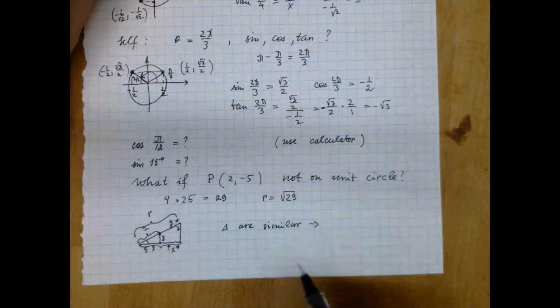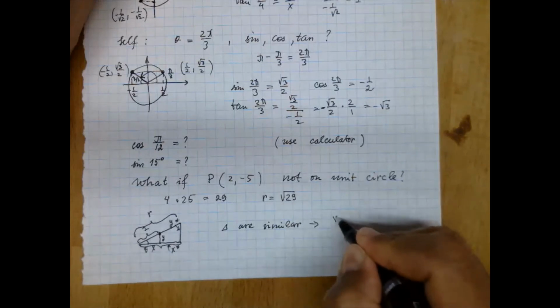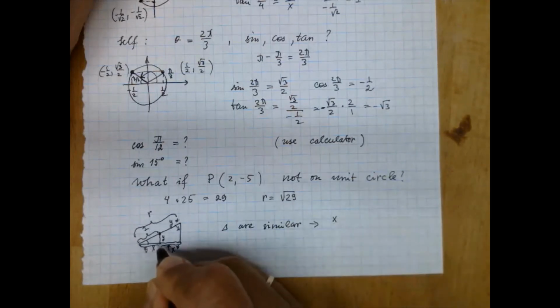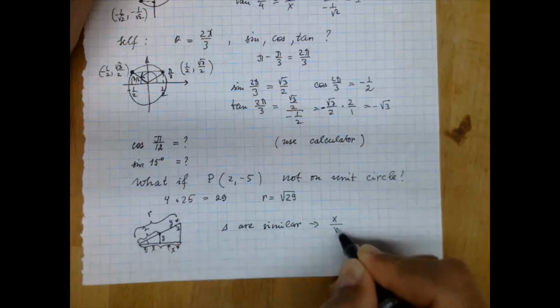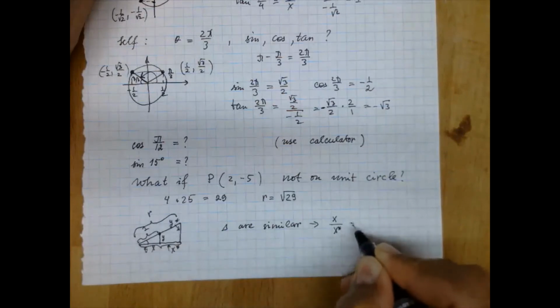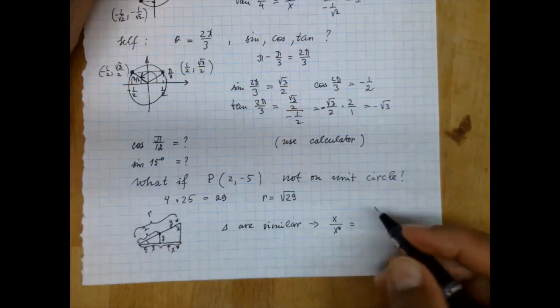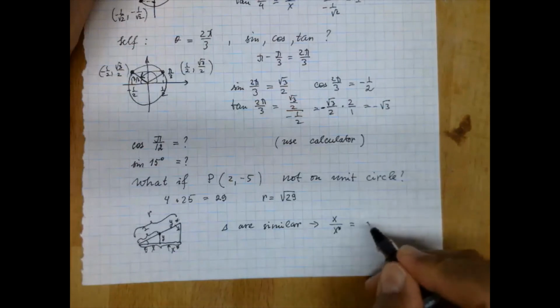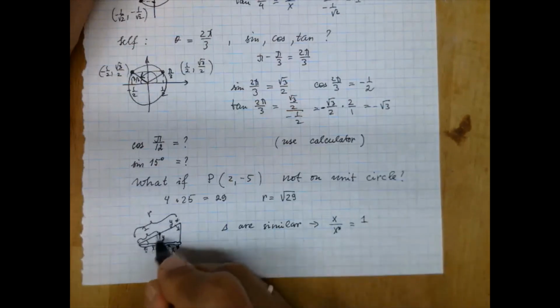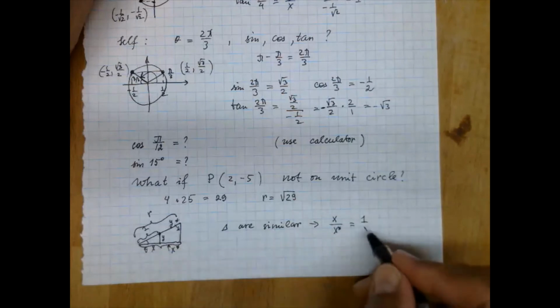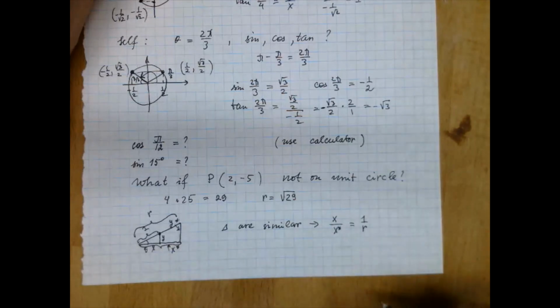What does it mean? It means that if I divide x, which is the little tiny side of the little tiny triangle, over x with a star, that's supposed to be equal to 1, the hypotenuse of the small triangle, over r, the hypotenuse of the big triangle.